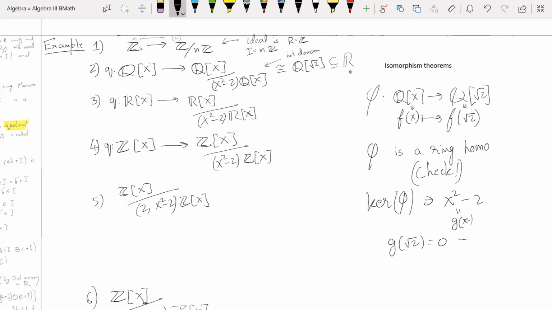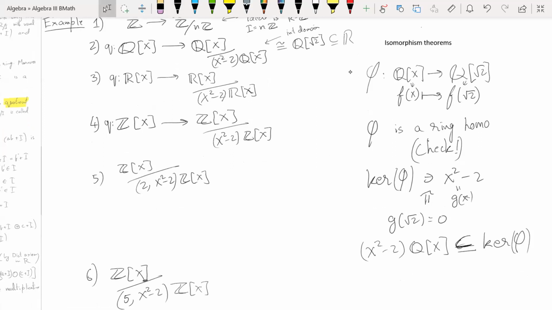So g(x) is in the kernel of phi, and from here it follows that the ideal (x square minus 2) Q[x] is contained in the kernel of phi. The second part is to show that the kernel is exactly this ideal. That requires some work, so that will come even later.